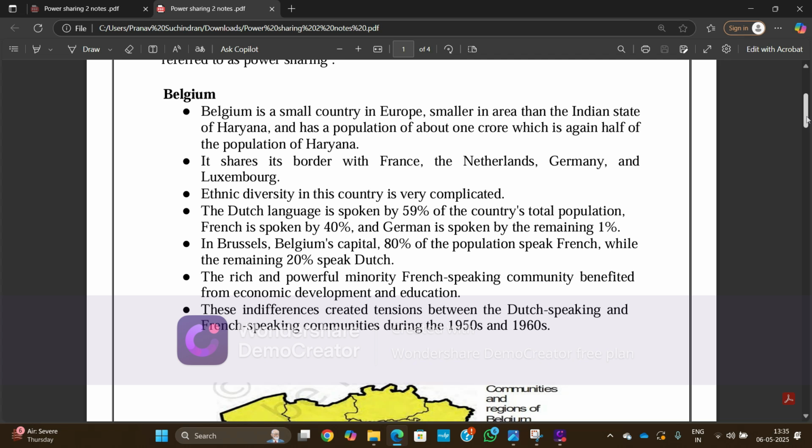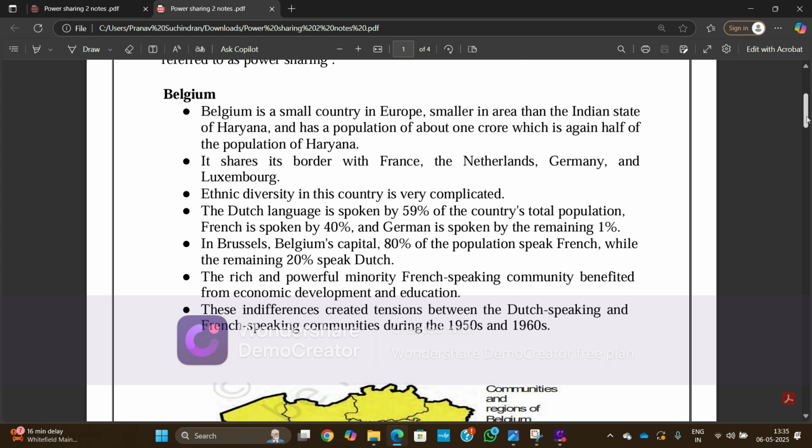The capital of this country is Brussels. The composition of the language speaking communities in Brussels is quite different. 80% of the population speak French and 20% speak Dutch.